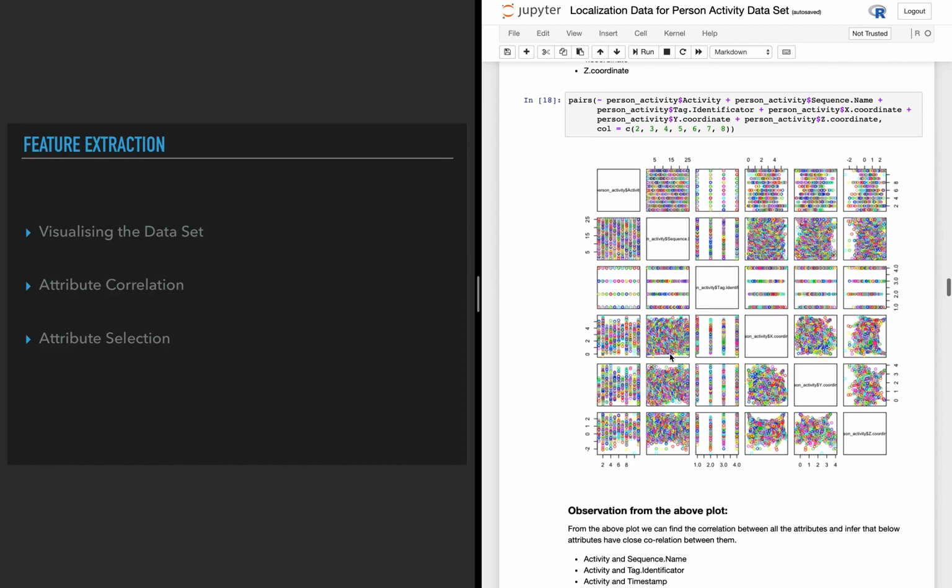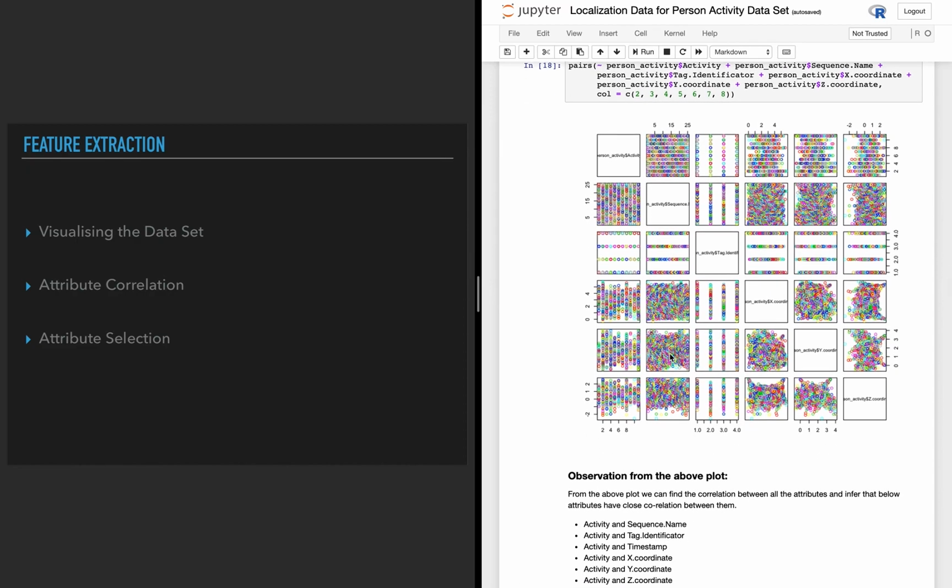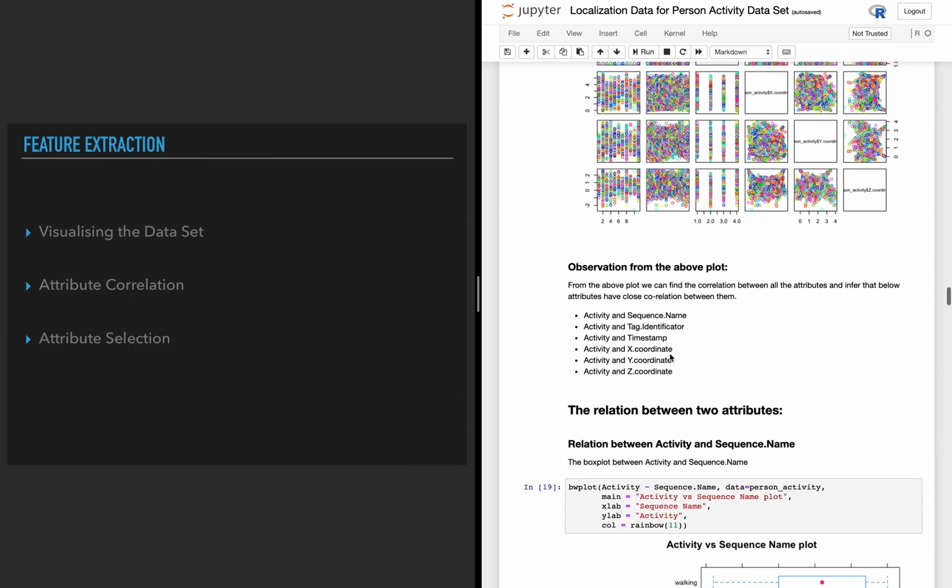The observations from the plot can be seen below. We found out, looking at the upper right triangle, that the attributes like the timestamp, tag identifier, X, Y, and Z coordinates were highly correlated. And this is what drove our attribute selection to train our model.